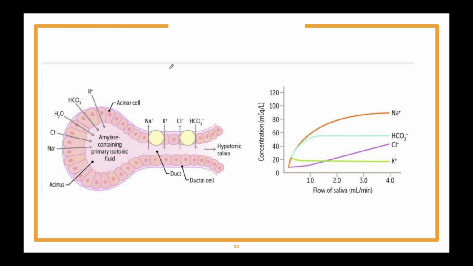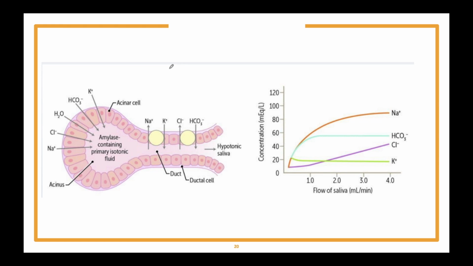So saliva starts off as being primarily isotonic, and you can see there that as the saliva travels out through the excretory ducts, the excretory ducts and the intercalated cells reabsorb sodium and chloride. Okay, you can see sodium leaving that duct and chloride as well.